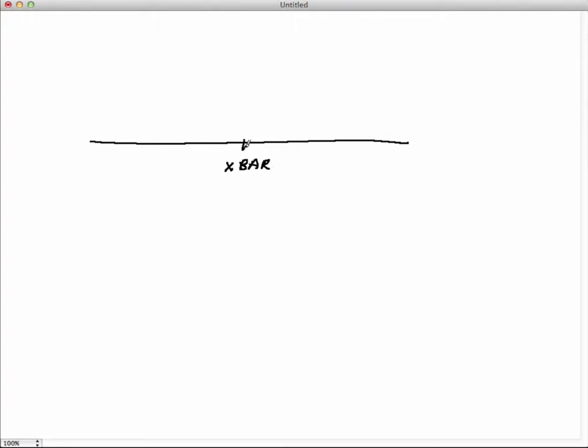I mark that there, and what I want to do is take a measuring stick, and my measuring stick is going to be the length of a standard deviation. So I'm going to go out one standard deviation this way, so this is an SD right here. And then I'm going to go out one standard deviation the other way, and that'll be an SD in that direction.